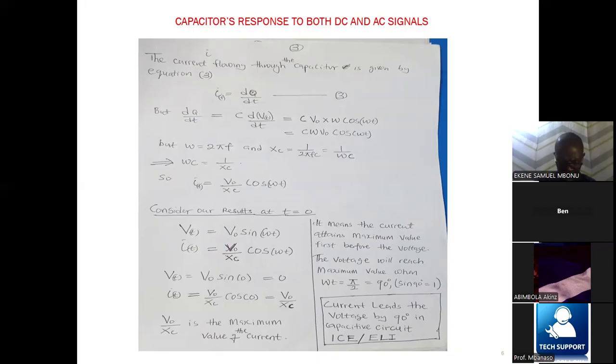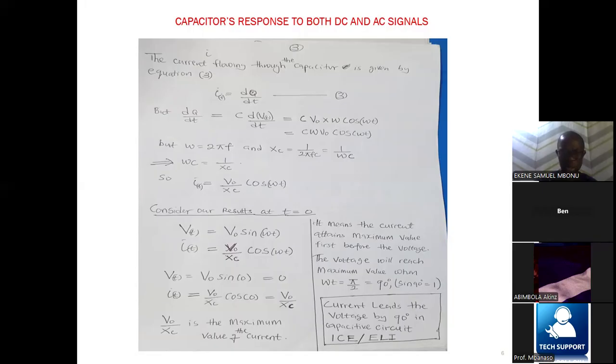And then if we use the rule of differentiation of a function of a function, we are going to get CV0 times the differentiation of sine wt, because differentiation of sine gives us cos. And when we differentiate wt with respect to t, we're going to get w. So that gives us CwV0 cos wt.